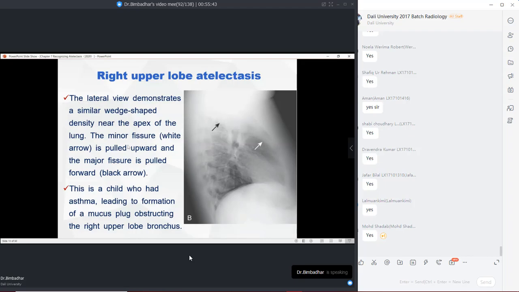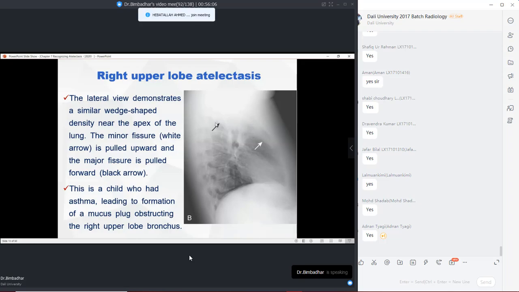The minor fissure, okay, what is the relation of the minor fissure here? The minor fissure is the white arrow that is pulled upwards, and the major fissure, the black arrow, is pulled forward, okay. So what does the major fissure do?